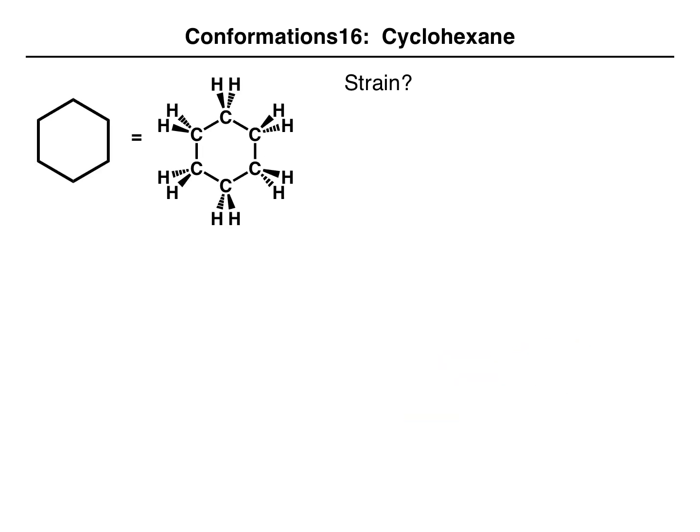Now finally, let's take a look at cyclohexane, a 6-membered ring. And if this was flat, then we would have a lot of torsional strain, because all of the front carbon-hydrogen bonds would be eclipsed and all of the back carbon-hydrogen bonds would be eclipsed.